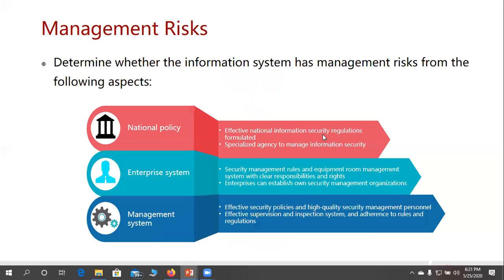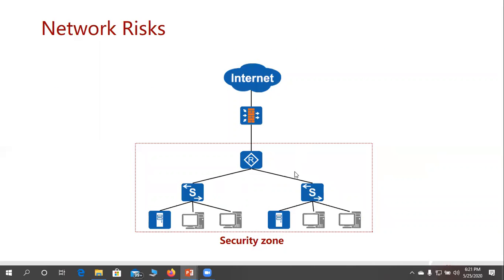Network risks. With network risks, you can see this is the internet. And then we have the firewall here. This firewall can be divided into what we call security zones. And what we configure on this firewall are the policies.